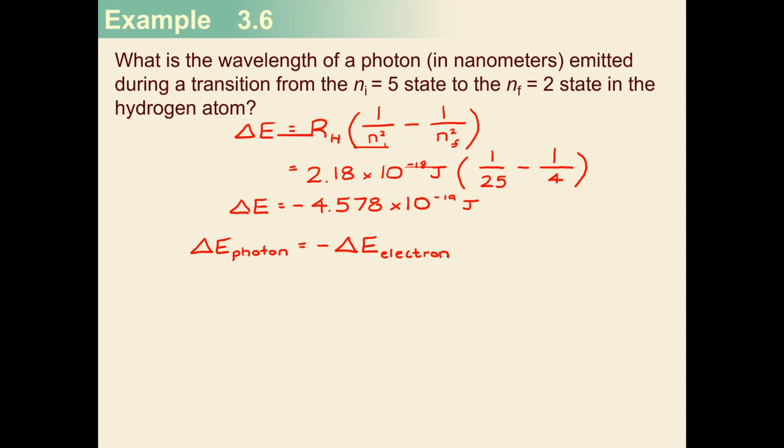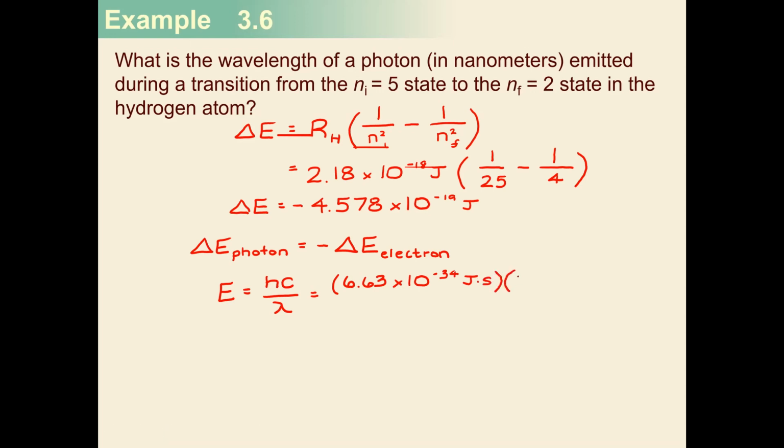Well, back in the last video, we also said that E was equal to hc over lambda. So now we can say that the energy of our photon can be used to calculate the wavelength. So let us do that. We have our h, which is Planck's constant, 6.63 times 10 to the minus 34th joule seconds.